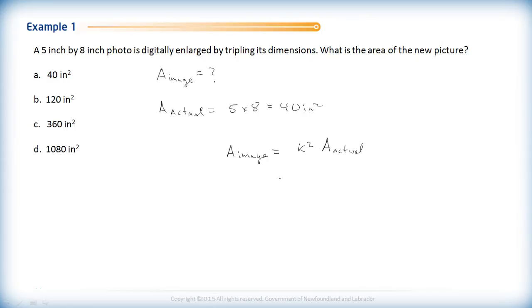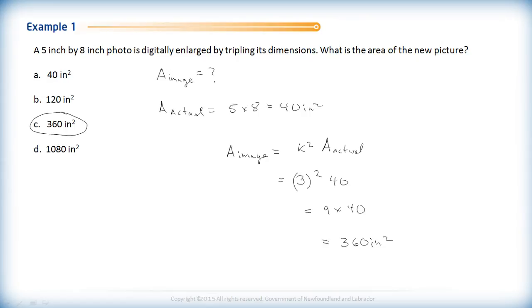So that's going to give us our scale factor here. It said it tripled its dimensions, so k is 3. We're multiplying by 3. And the area of the actual was 40. So this becomes 9 times 40, which is 360 square inches.